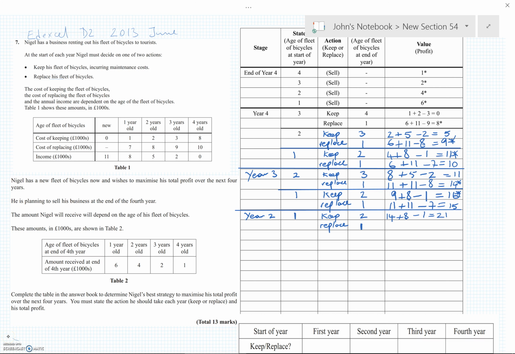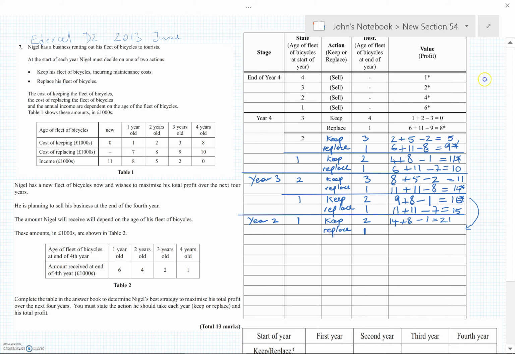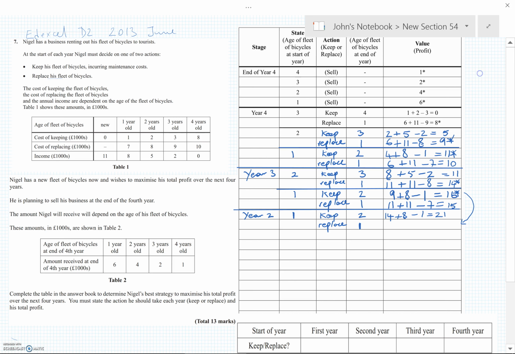Now considering if we replaced our 1-year-old bicycles at the beginning of year 2, we're obviously taking the 16 from the state before, because that's our destination. It is 16, so we're pulling the 16 from before. We then have got new bicycles, so that's going to generate 11.